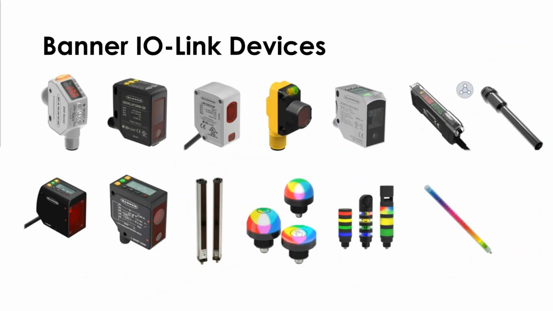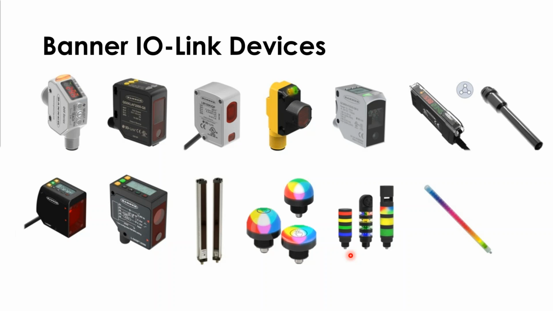Get to the Banner side of things, laser distance sensors, simple photo eyes, and we'll show you how they're not so simple here in a second with what you can get from them. Color sensor that we'll look at, measuring arrays we talked about, and then indication. And as I have indicated previously, the indication is also, I think, what makes this a game changer.